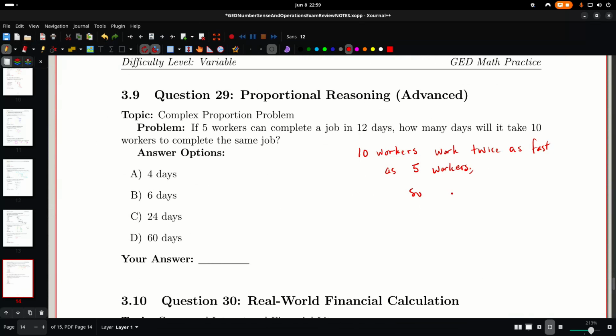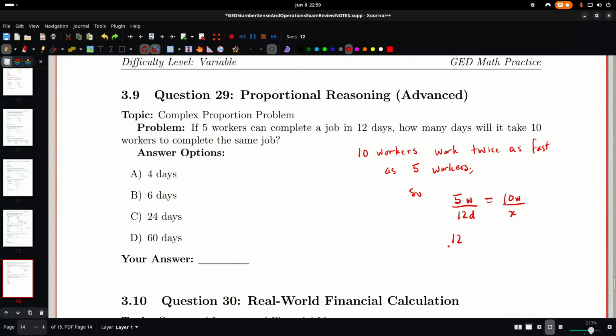So 5 workers over 12 days is equal to 10 workers over X days. And we can take the reciprocal of both sides if we want. So we can get rid of the symbols, I guess.